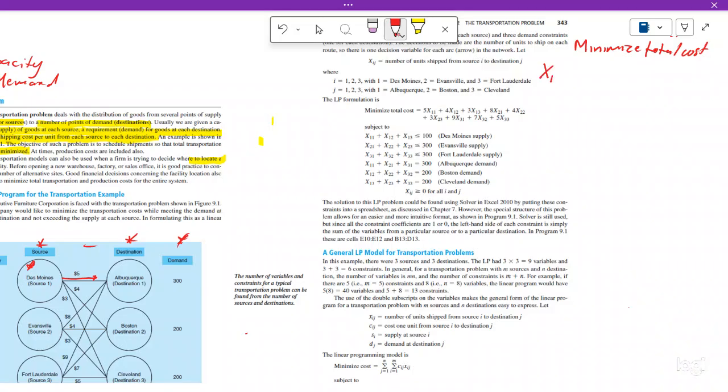Remember we had I and J. So I is 1 and then J is 1. However, that is 5. 5x11 plus, what is the figure? 4 x12. See that? Plus 3 x.